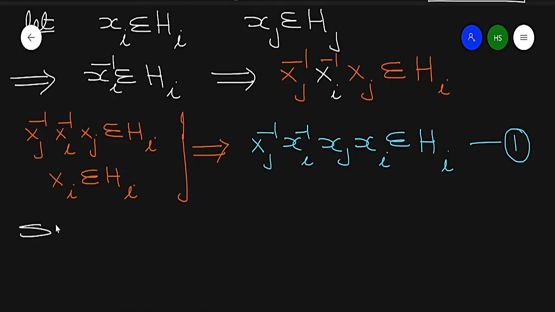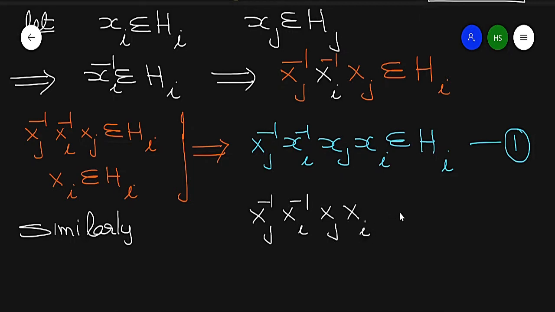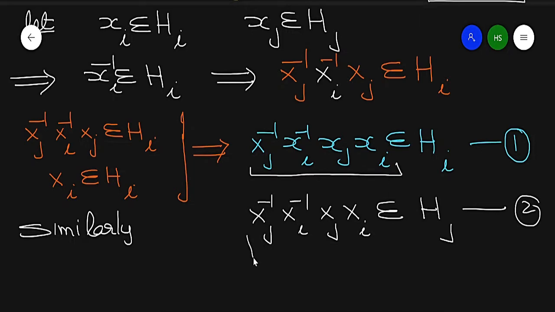Similarly, I prove that Xj inverse Xi inverse Xj Xi belongs to Hj, on the same line of action. Now this element belongs to Hi and this element belongs to Hj.